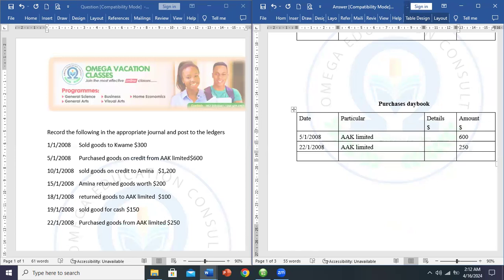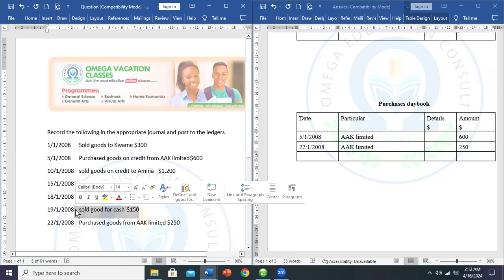So that was it for the journal. So the only one you were supposed to leave out was the cash sales. It should be in the cash book, which we'll discuss later, how to prepare the cash book. So this is all that I was expecting for the journals.